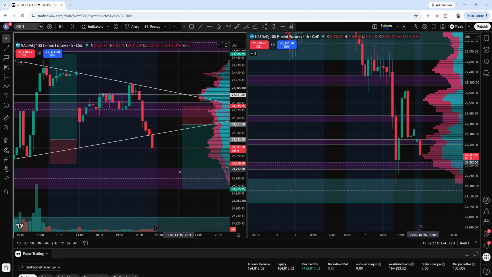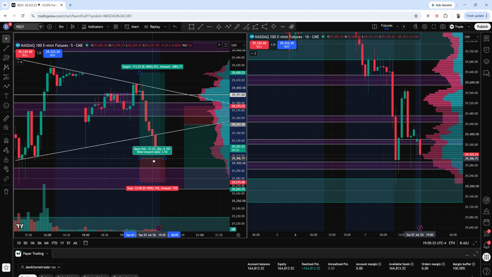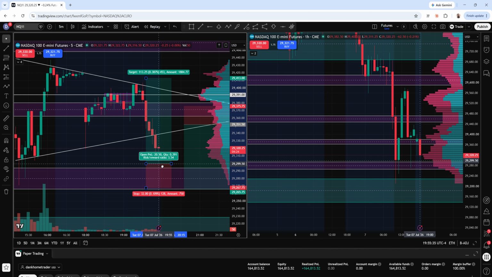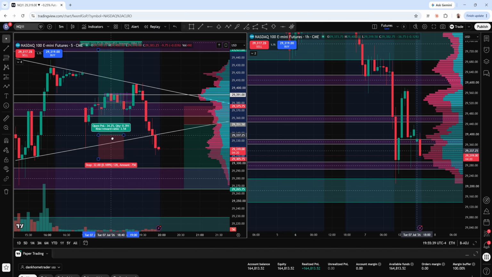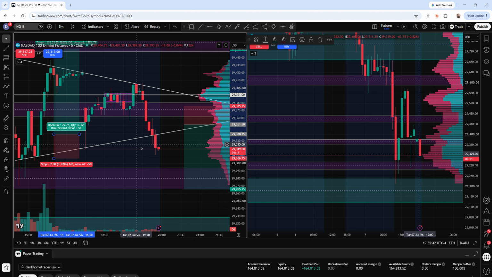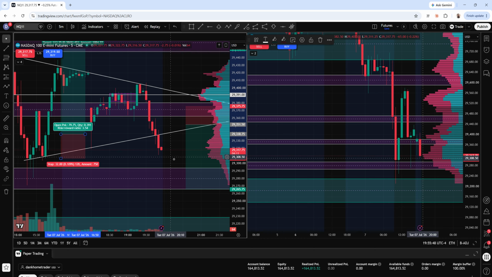So 300 is one idea, right? We could look at 300 is one idea, and if we're at 300, stops down here, reversal, see what the bodies do in these candles if it's a reversal, or see if we get a trade back up here for that kind of break and retest, right? We've got some confirmation.